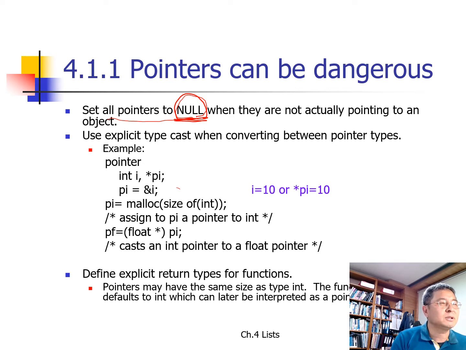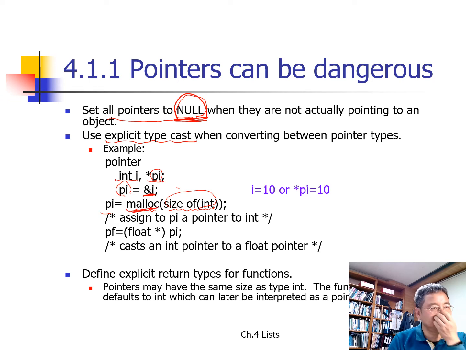And also we must use an explicit typecast when converting between pointer types. This is an example: integer i and integer pointer variable pi, and pi will be assigned the address of i, and also pi can be assigned a memory space using malloc with the size of integer. So one integer size will be assigned, and pi will be assigned this memory space.